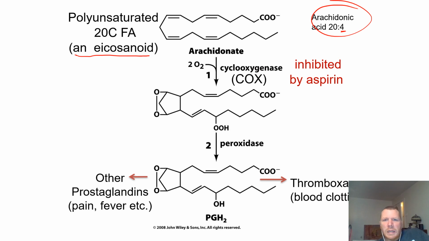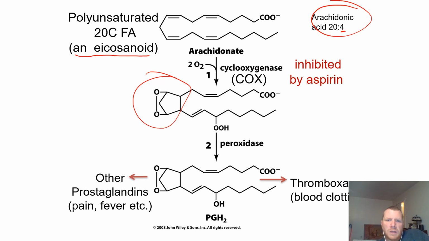Now, there's an enzyme known as cyclooxygenase, or a class of enzymes known as cyclooxygenases, that are going to take this arachidonic acid and make that ring there. Okay, they're going to cyclize part of that fatty acid.